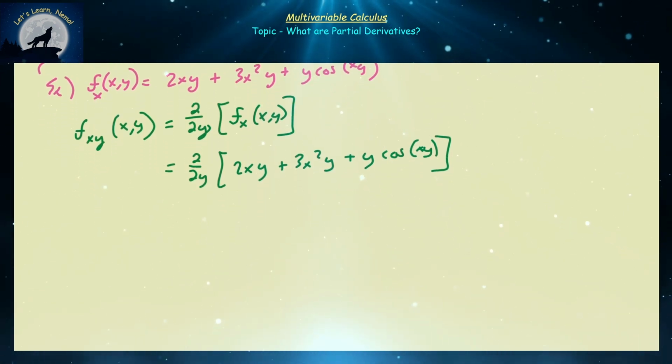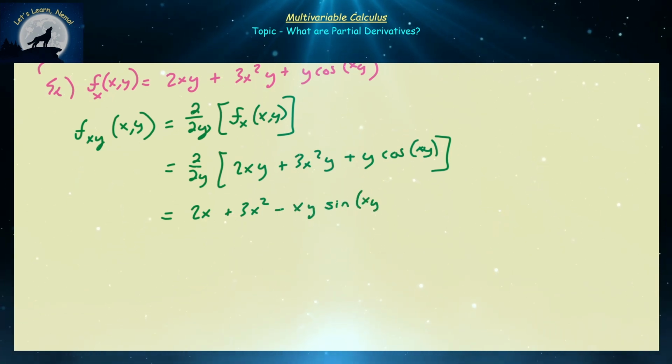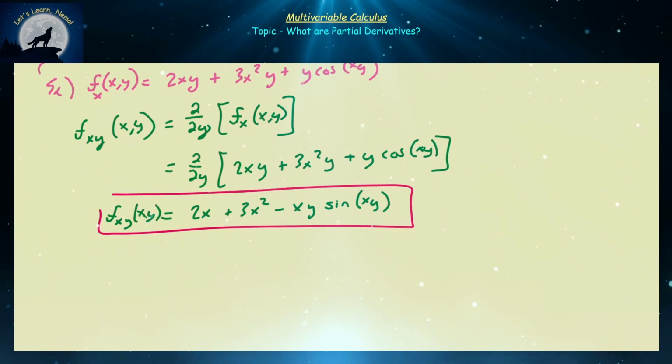So with respect to y, we're going to have 2x as our first term, and then 3x² for our second term, and then minus xy times the sin(xy) for our next term. So that's f_xy.